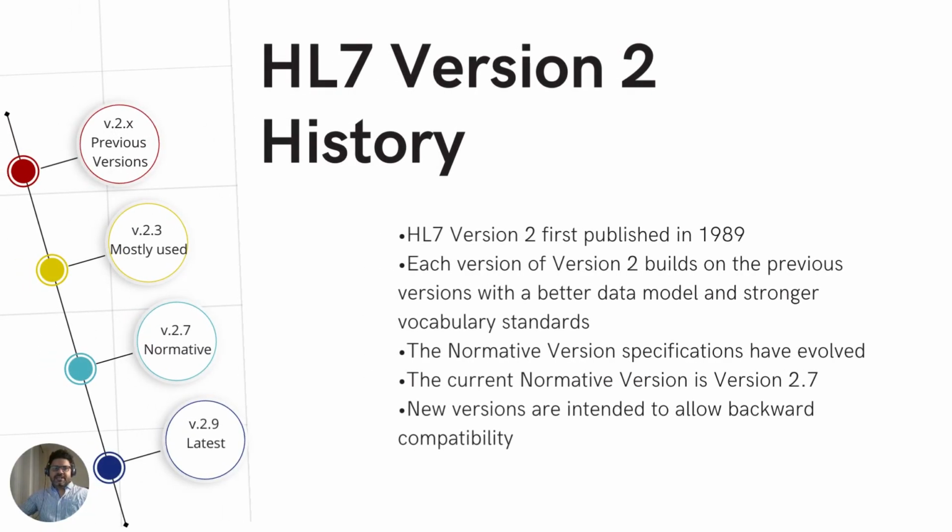So this is a little bit of history on the HL7 version 2 standard, which I said is the most widely used HL7 standard as of now. Version 2 was first published in 1989, and as the standard has matured, a lot of fields have been deprecated. For example, in the past, the standard had fields like patient ID, social security number in the case of the US context, and driver's license numbers and others in the patient identification segment.